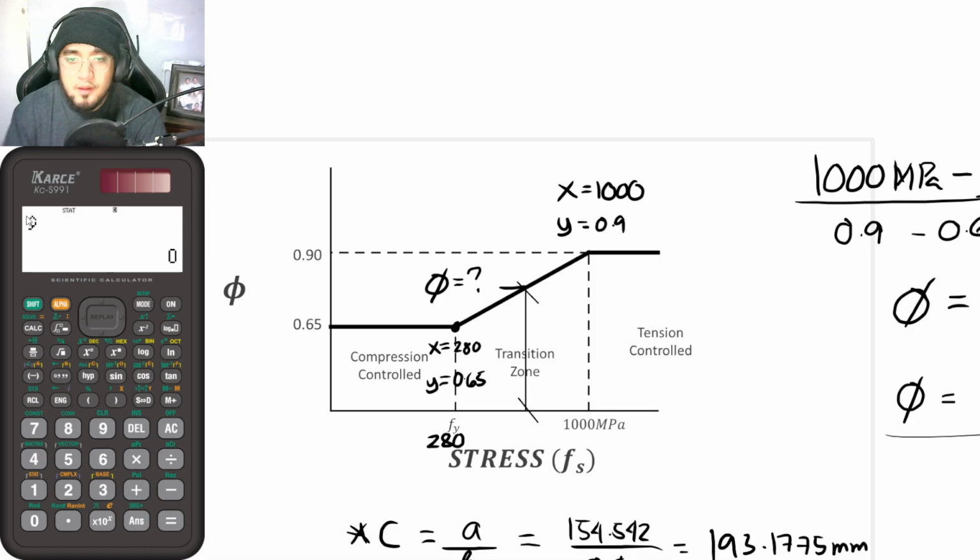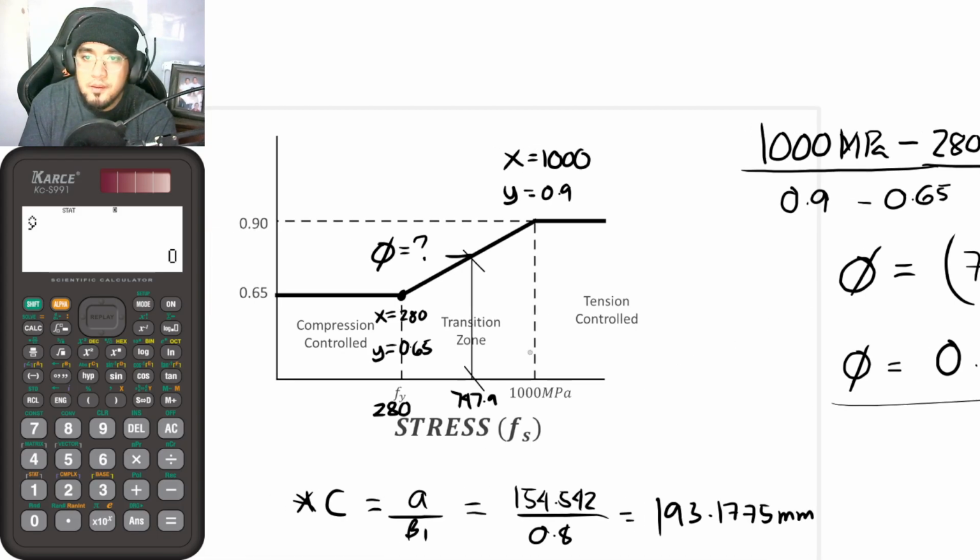Since we know this particular value, which is 747.9, what was that again? 0.983. So what we will be doing is typing 747.983 y caret. Our calculator will now solve for the value of y.